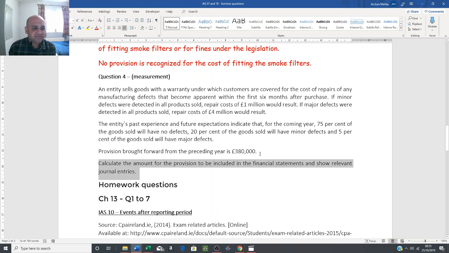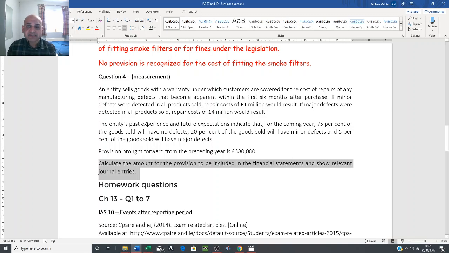If minor defects were detected in all products, repair costs will be 1 million. If major defects were identified, then the cost will be 4 million. So imagine if all the products come back with minor defects, it's going to cost the company 1 million pounds. If all the products come back with major defects, it's going to cost the company 4 million.